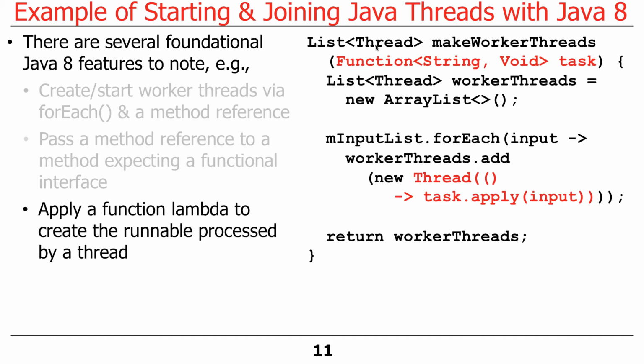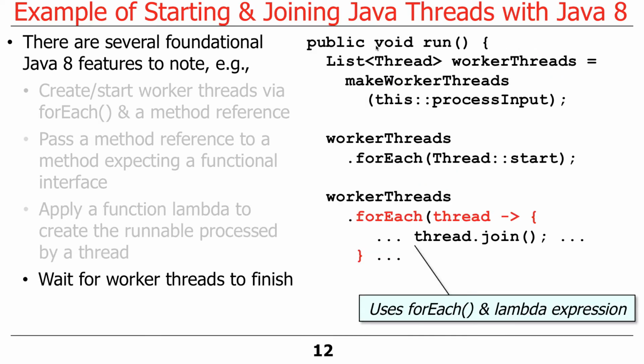We're going to give it this runnable to run, and we're calling task apply, which is going to give us the computation that's going to run. And when we're all done, we're going to have an initialized list of worker threads, each of which has been given a task to carry out. So that's using a function interface to apply to the input, and that's what's going to get computed in each thread.